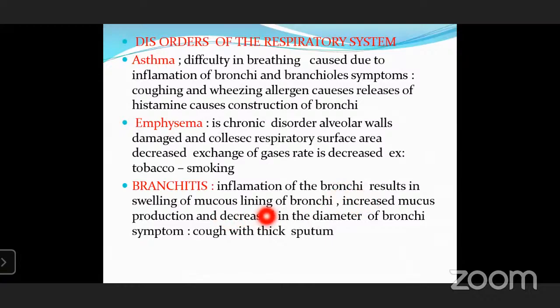Symptoms: cough with thick sputum. So this is about bronchitis.